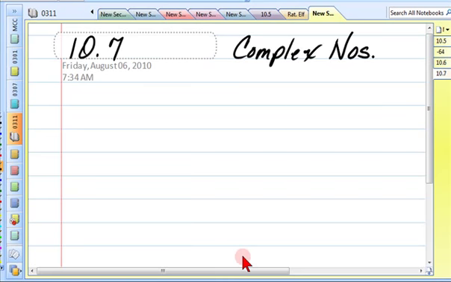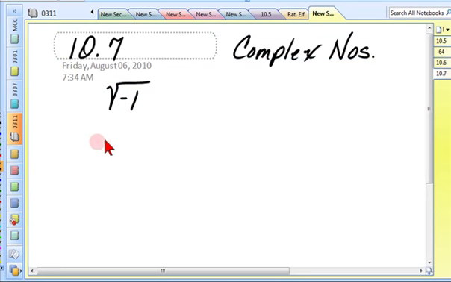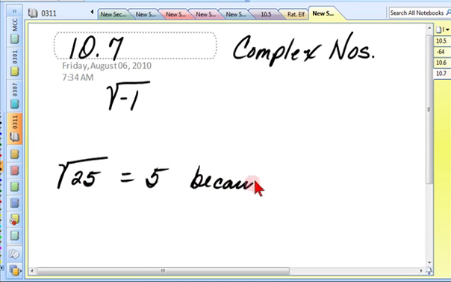All right, so if you wanted to talk about the square root of a negative number, well, we've said this before. I actually said this when we did lesson 10.1. The square root of 25 is 5 because 5 squared is 25.